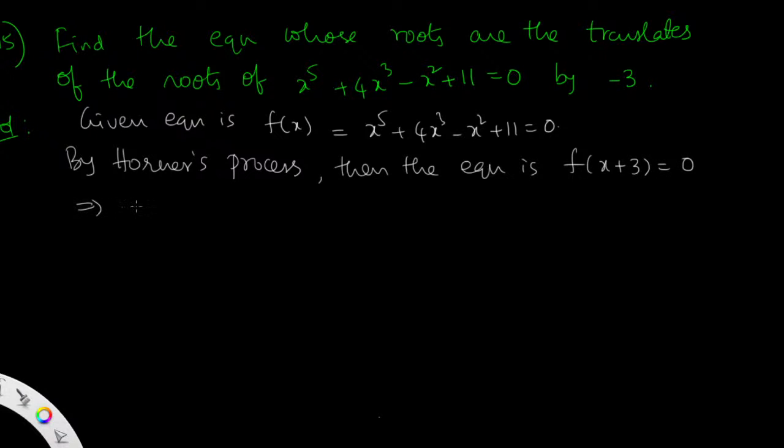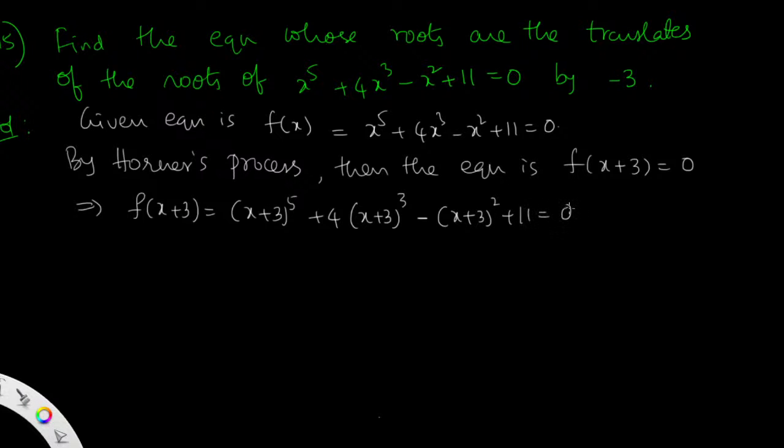So that implies f of x plus 3 equals x plus 3 whole to the power of 5 plus 4 into x plus 3 whole to the power of 3 minus x plus 3 whole square plus 11 equal to 0. But expanding this equation is a most complicated process, so we take Horner's process.